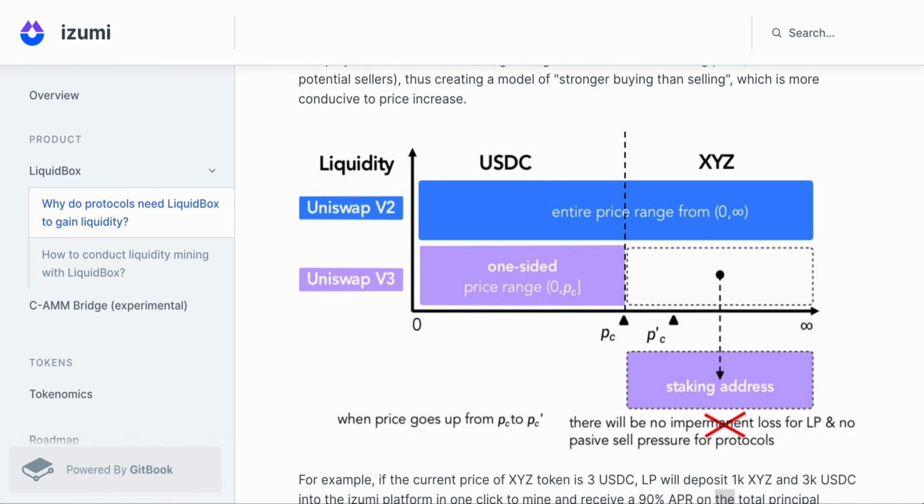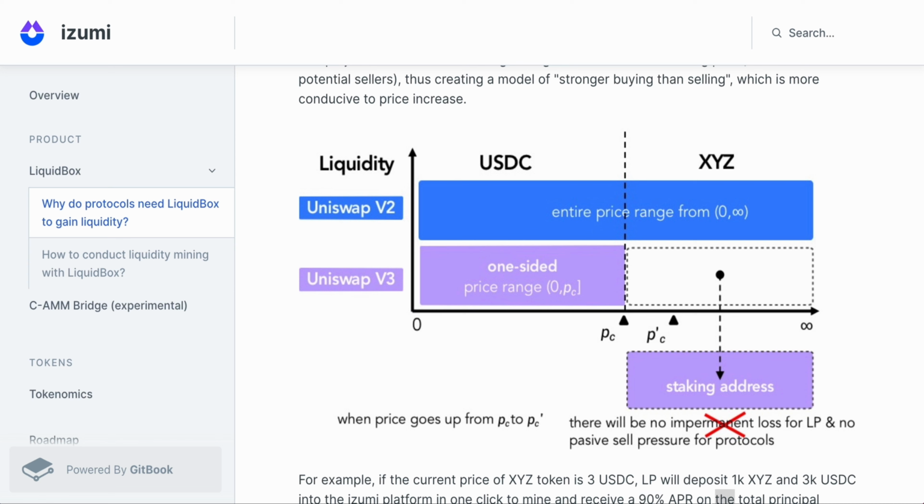When the price of the governance token rises, the one-side model can cover impermanent loss and obtain very high APR. Therefore, at this time, all governance tokens are locked, so there will be no situation where part of the governance token is exchanged for any other token in the trading pair due to the price rise.